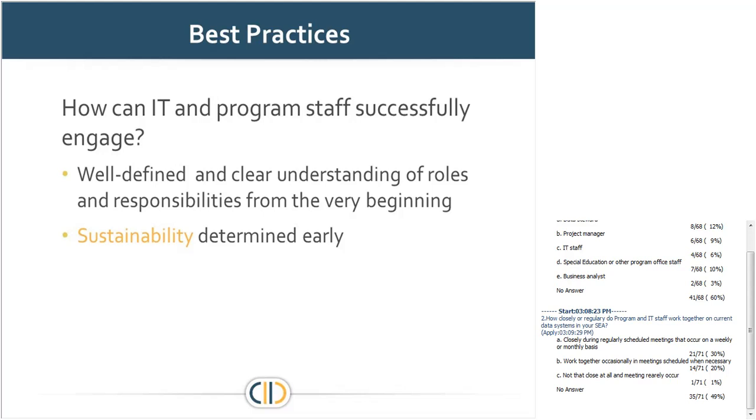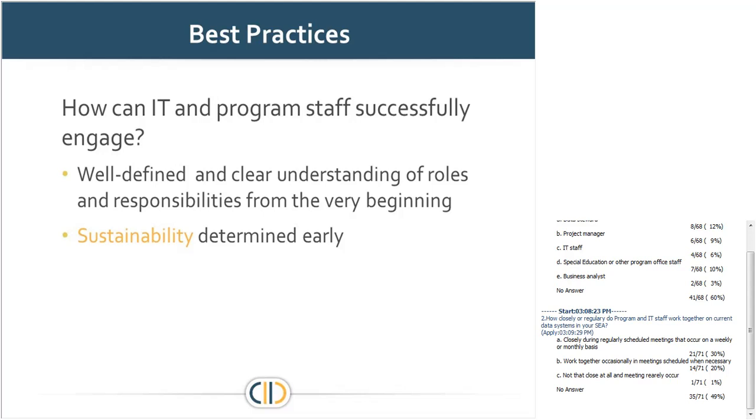Also, early, if not day one, at least early on, determine how sustainability will be managed for this project. And this is in the context of both the funding support, but also personnel and other areas, that many times a project may get an initial allocation to make an enhancement or an initial deployment, or in this case, integrating data.